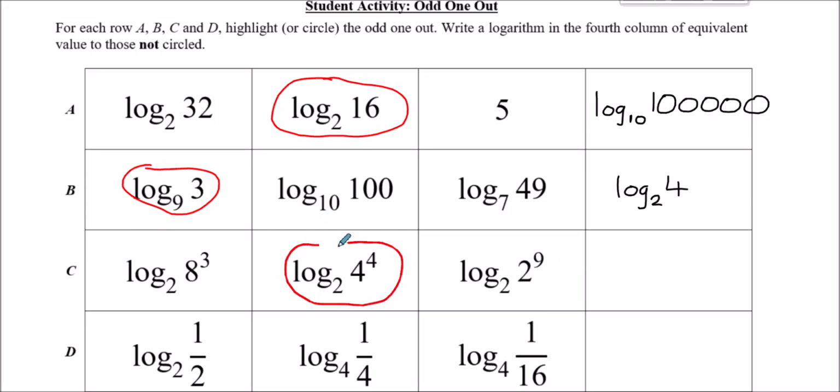The idea here is to think about how the power relates to the log. Log base 2 of 2 is just 1, whereas log base 2 of 2 to the power 9 is 9. So it's almost like we can bring this power to the front and multiply it by log base 2 of 2. We're going to mention that later on. So anyway, these two here are equal to 9.